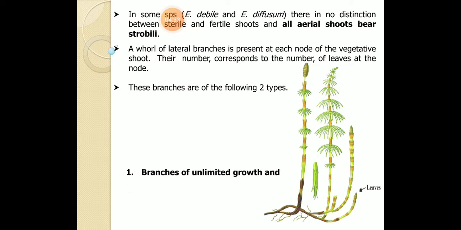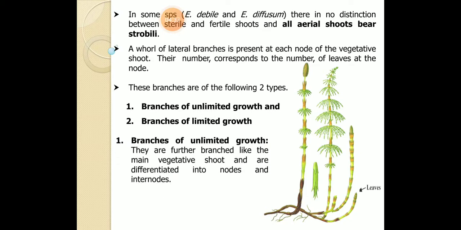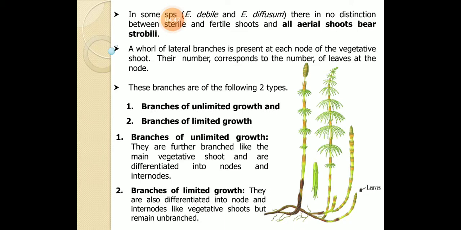Branches are of two types: branches of unlimited growth and branches of limited growth. Branches of unlimited growth further branch like the main vegetative shoot and differentiate into node and internodal regions. But branches of limited growth cannot differentiate; they have nodal and internodal regions like the vegetative shoot but remain unbranched.